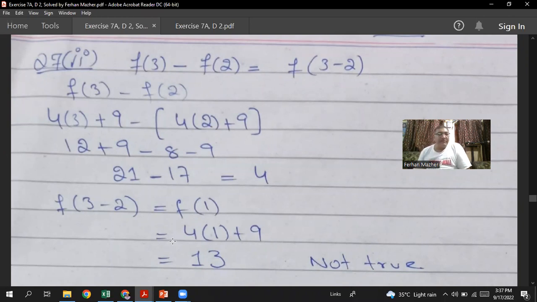So it will be 21 minus 17, and that will be 4. So the left side, its answer is 4. I will take the right side. The right side is f of 3 minus 2. So 3 minus 2 is 1, so f of 1. So 4 into 1 plus 9, and that will be 13. So the answer of the left side is 4, and the answer of the right side is 13. So the statement is not right. It's not true.